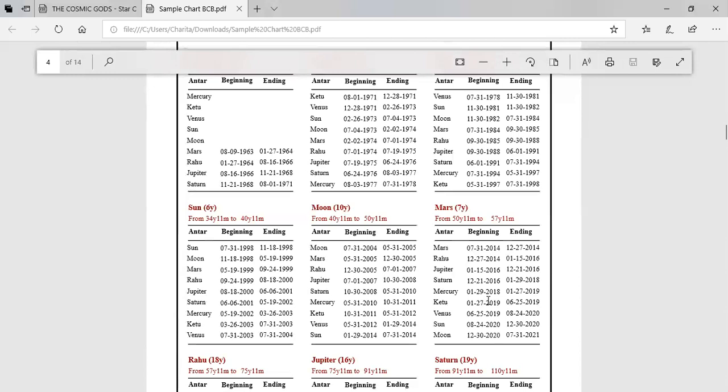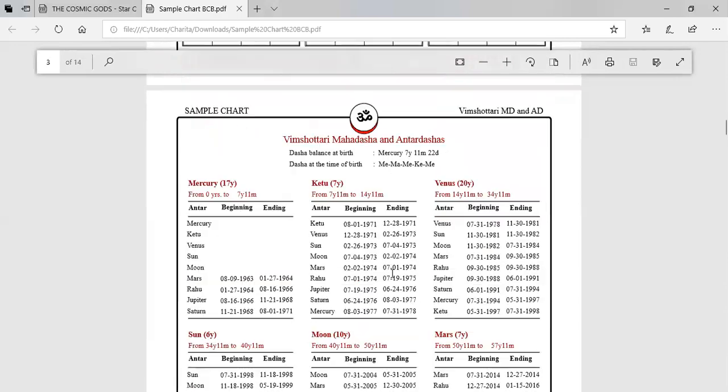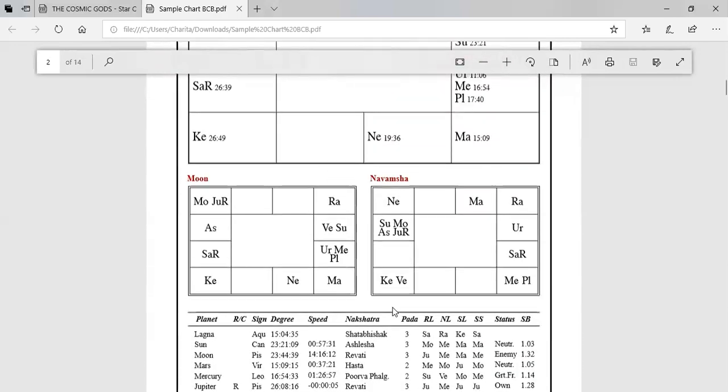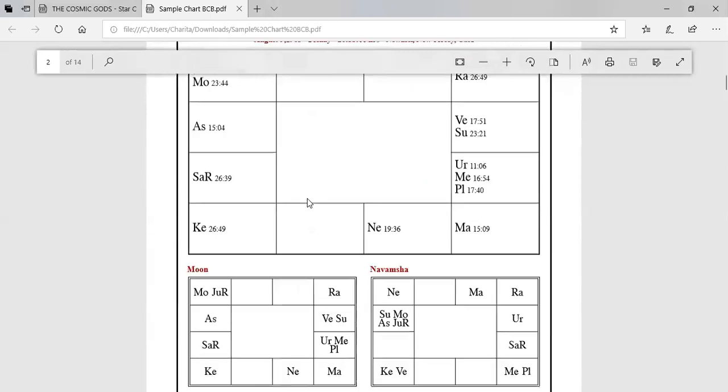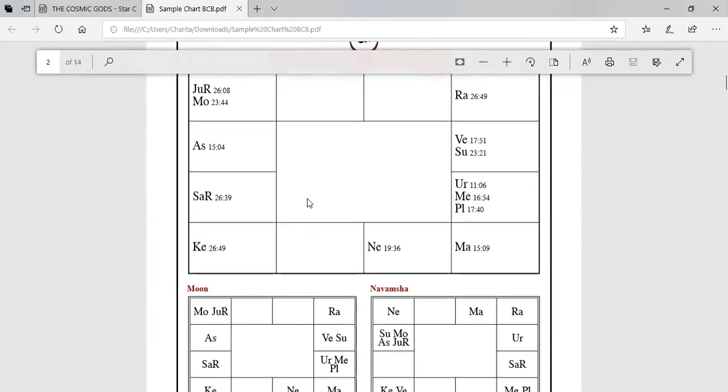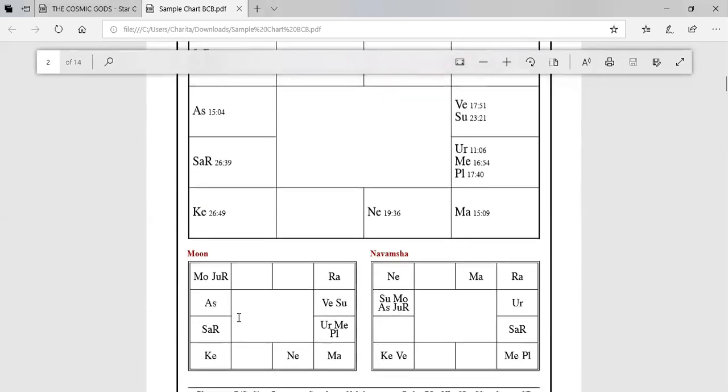Okay, so let's do a quick review. This is your main birth chart. All right, this is your moon chart, and again, you are using this as a secondary perspective. If you have your rising sign, you're using this as a first perspective if you do not know your rising sign. And the reason why you would not know your correct rising sign, again, is because you do not know your time of birth.